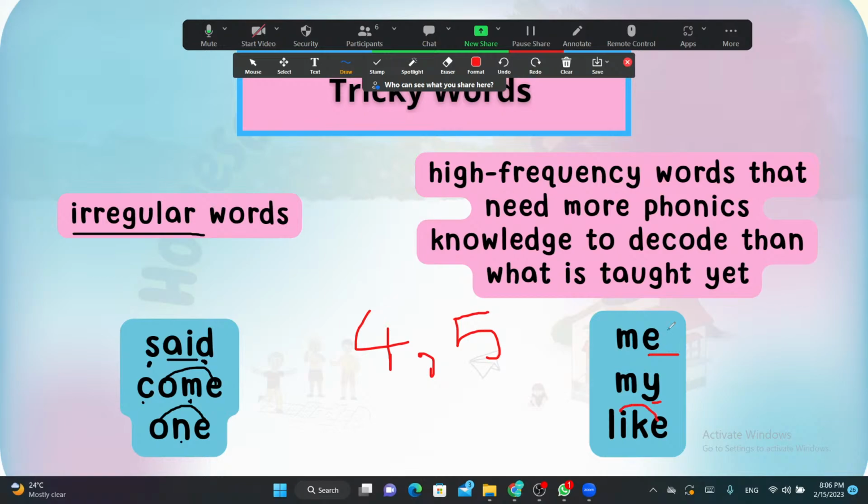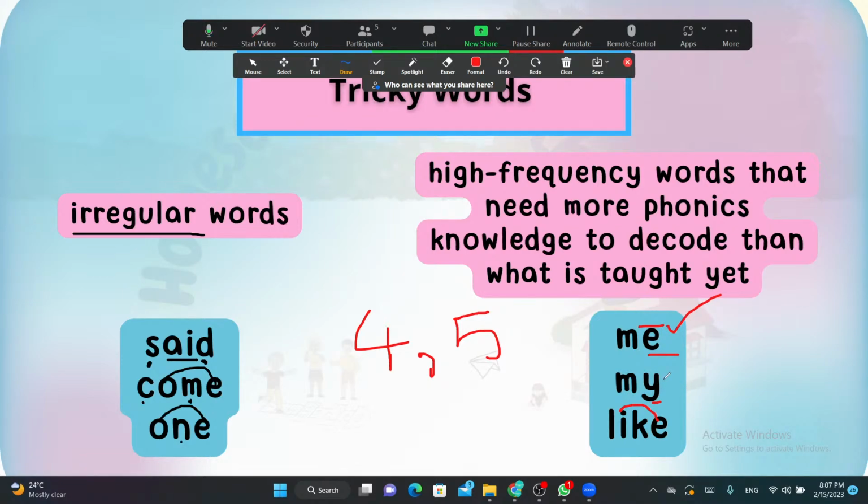Like here, it is the open syllable rule, and the letter E is saying its long sound because it is at the end of the syllable. When we learn some rules of phonics, then you will come to know that if the vowel is at the end of the syllable, it says its name. So that's why it is saying E, me, I, my.